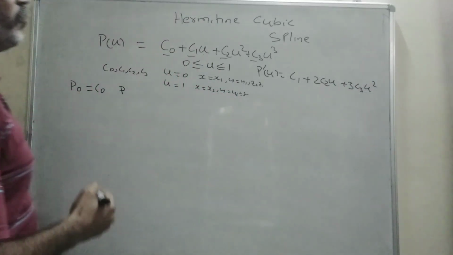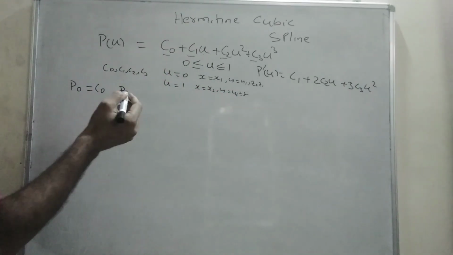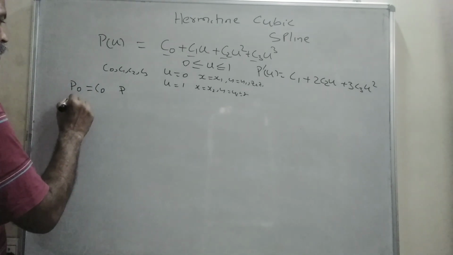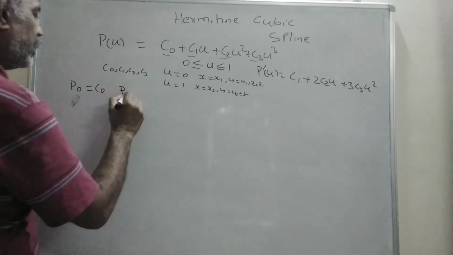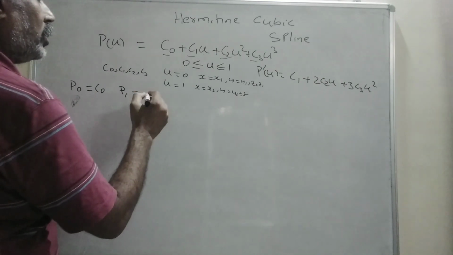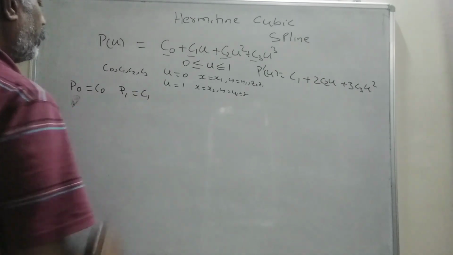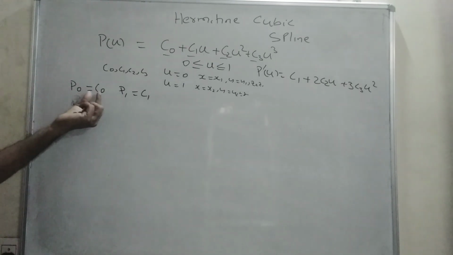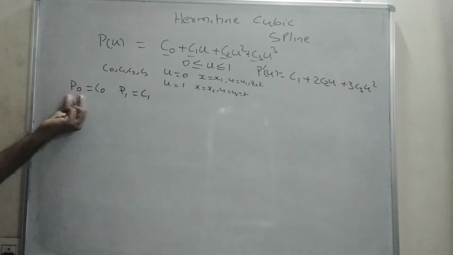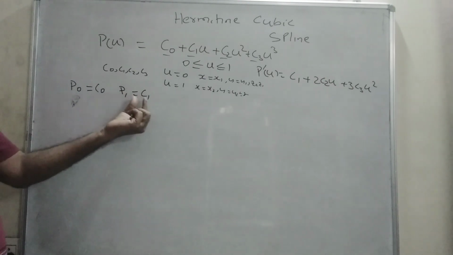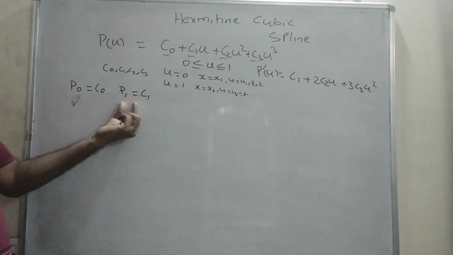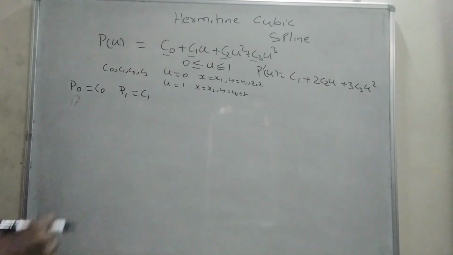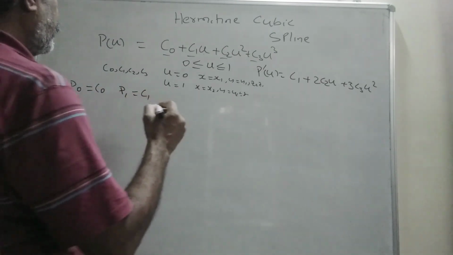If you put U is equal to 0, the tangent at that point, P0 dash, is equal to C1. So x0 gives C0, y0 gives C0, z0 gives C0, and similarly for C1. So 2 points give 2 constants. Now we have to find out C2 and C3.